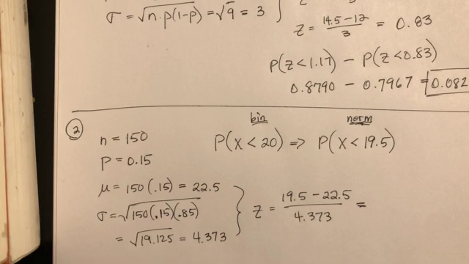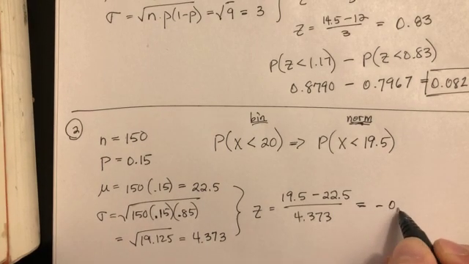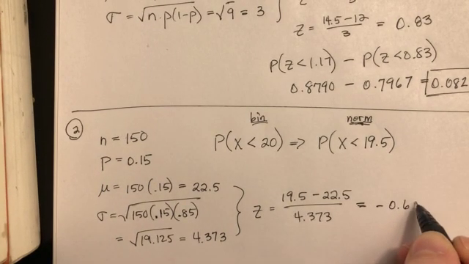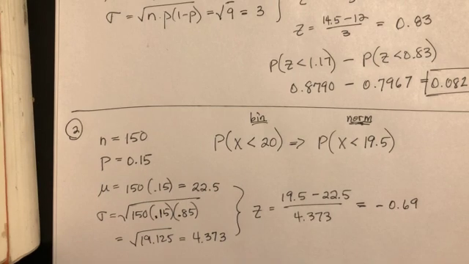And then divide by 4.373, and we get negative 0.686, which is 0.69 when we round. Remember, z-scores, 2 decimals.